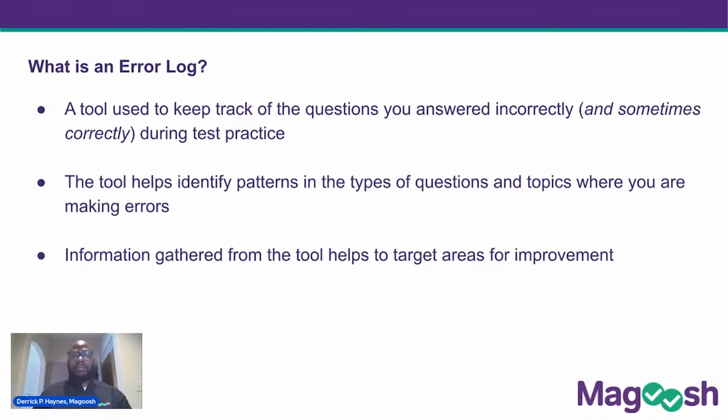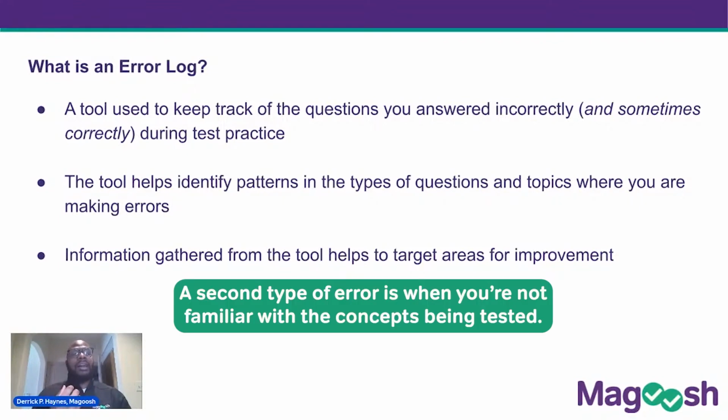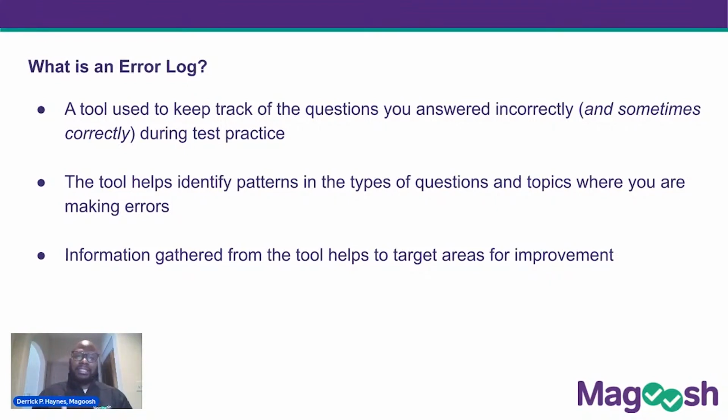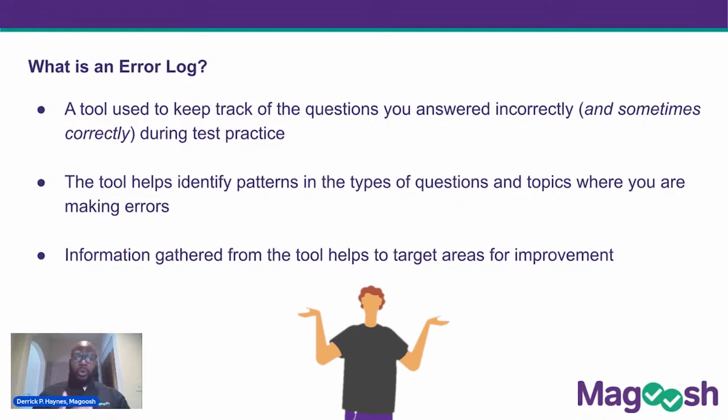The second type of error that is typically made by students is that a student would not understand a concept, right? So let's say you are working on a GMAT problem and it's asking you a question about percents, and you are not familiar with the formula for how to measure a percent increase.